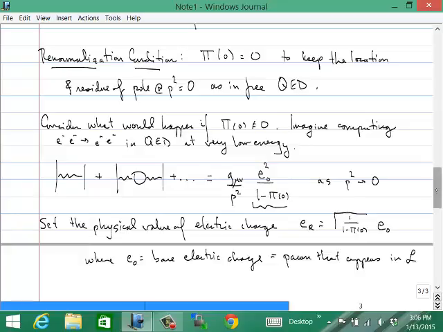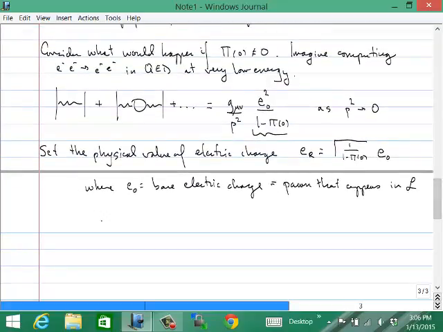Sometimes you might call this factor the charge renormalization, in the same way that we had the factor z sub m, which was the mass renormalization, or z sub phi, which was the wave function renormalization last class. So let's call ze is 1 over the square root of 1 minus pi of 0. That would be the charge renormalization.